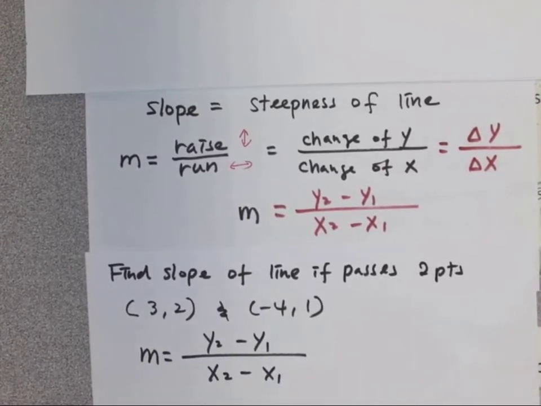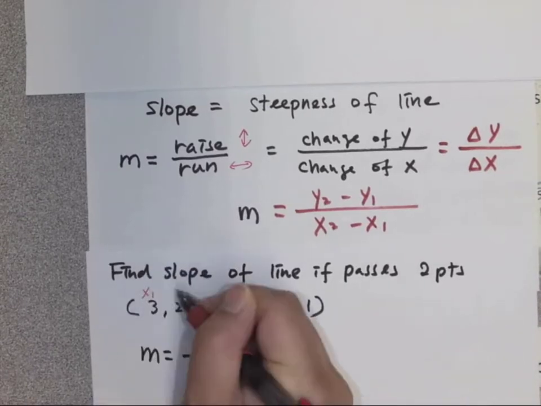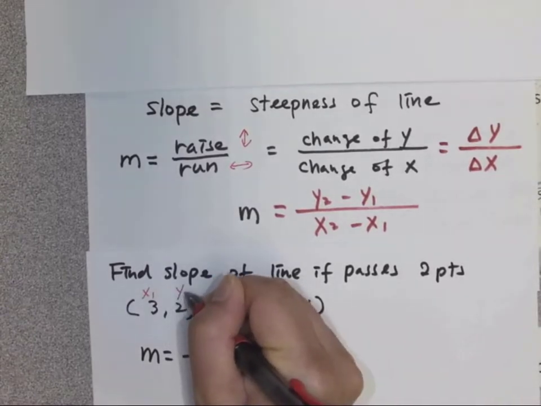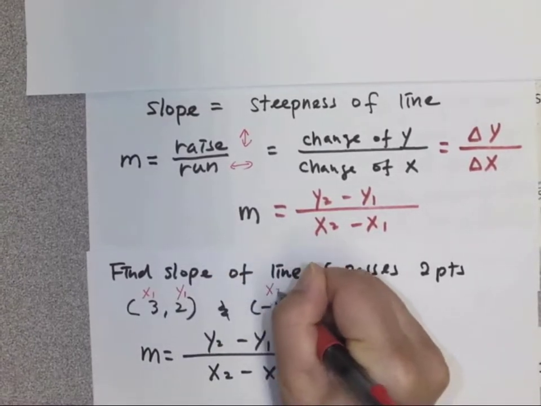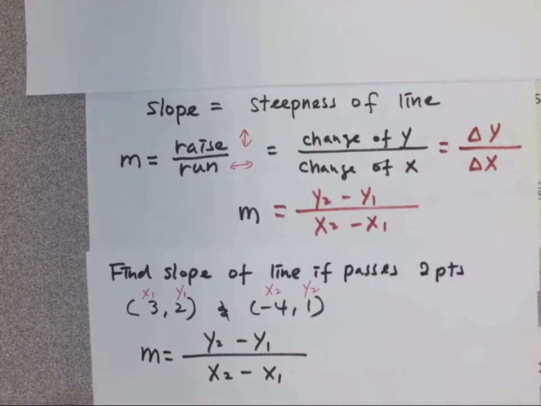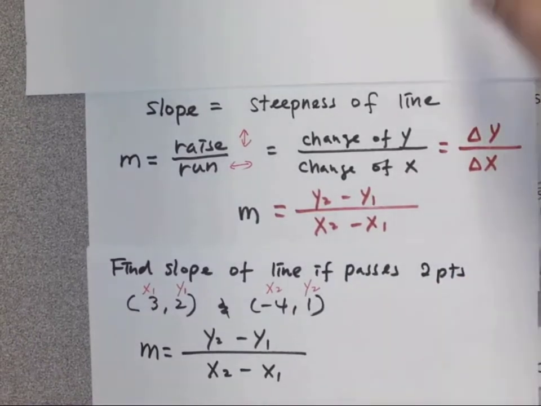So how do I decide which one is x1 or x2? It doesn't matter, but you have to stay consistent. If I say this is x1, then this one would be y1. If this is x2, then this would be y2. So you just need to match them up.